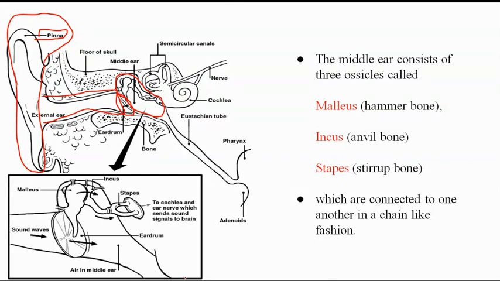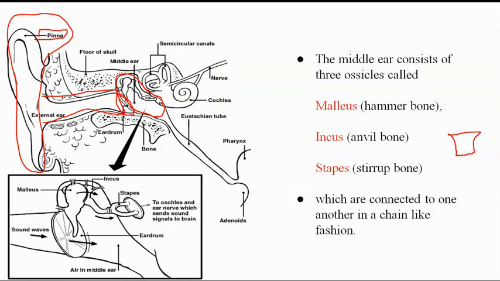Incus is similar to an anvil. I think you know what an anvil is. The blacksmith uses this tool to keep the iron while hitting it. If you look at the anvil, it seems to be in a shape like this.